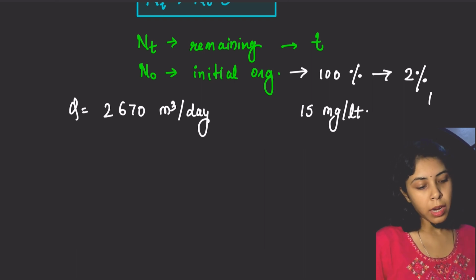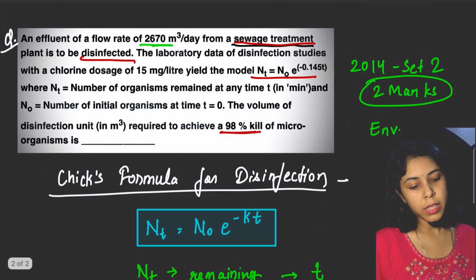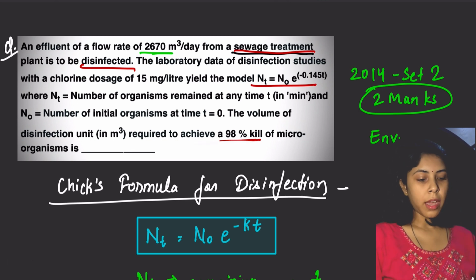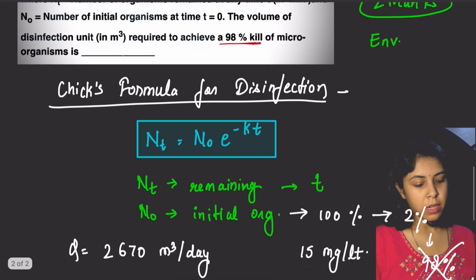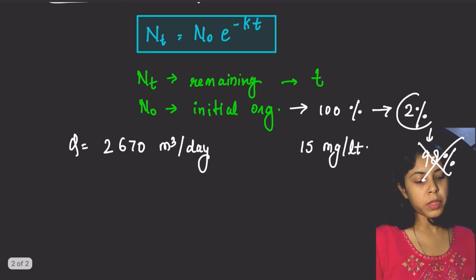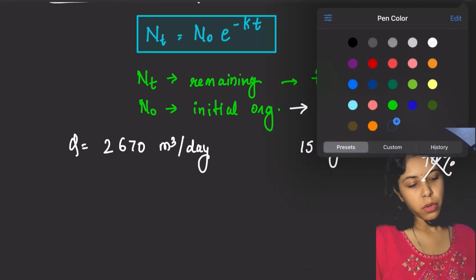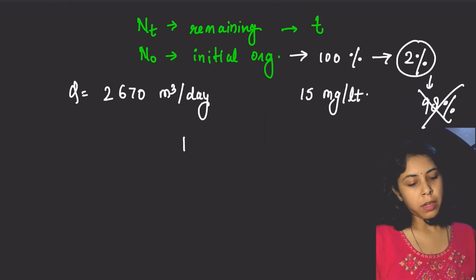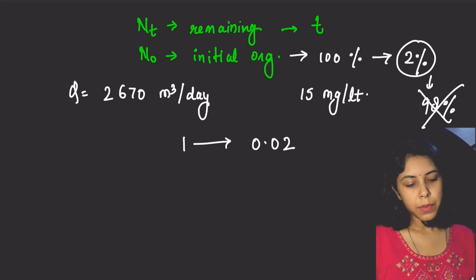Why? Because 98% organisms are removed. They have said that to achieve a 98% kill of microorganism, so they have to kill 98% microorganisms, so we are remaining with 2% only, right? So if I have 100%, that means 1, so I'll be having 0.02 remaining, right?